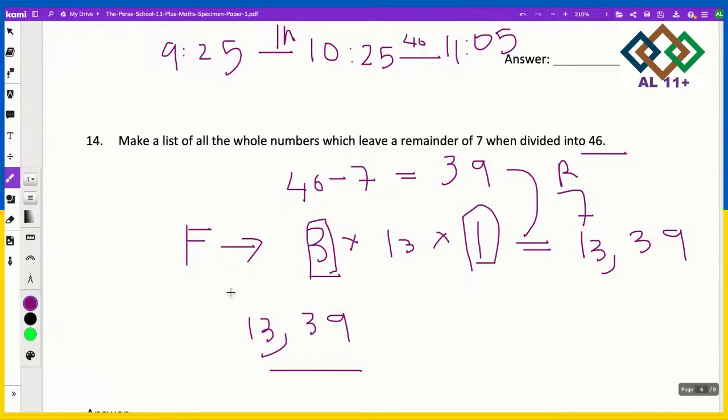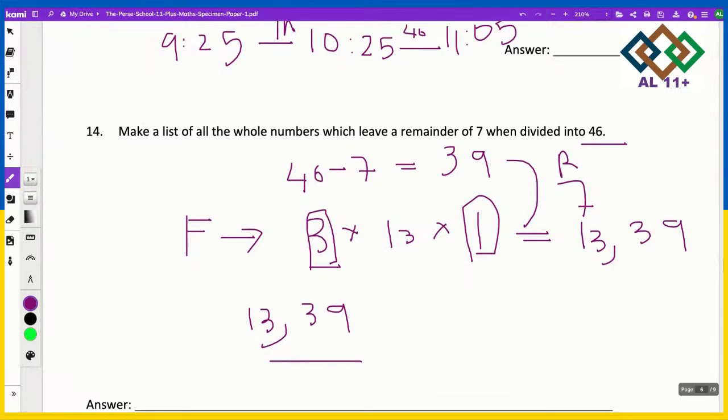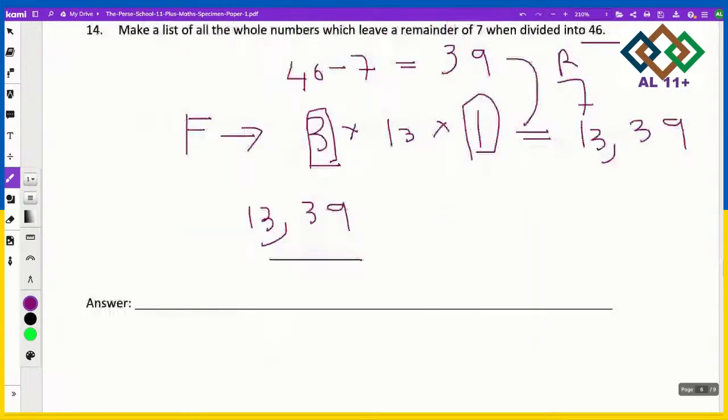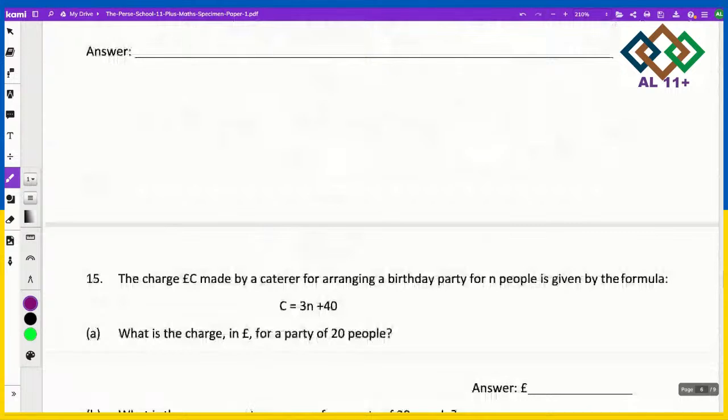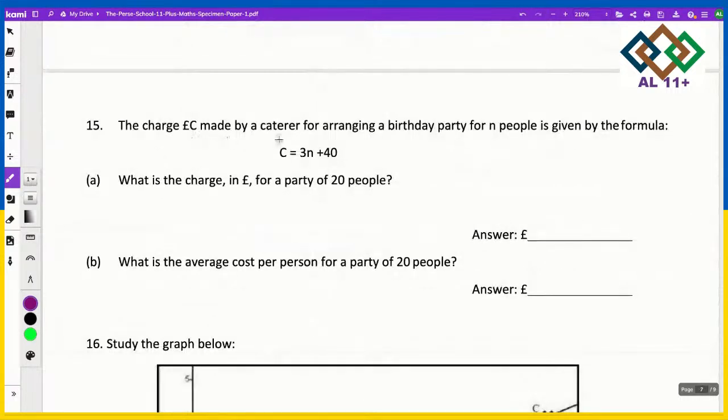So move on to the next one, number 15 now. The charge of £C made by a company for arranging a birthday party for n people is given by the formula C equals 3n plus 40. So now what is the charge in pounds for a party of 20 people?